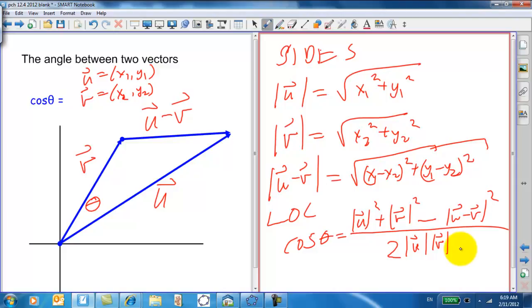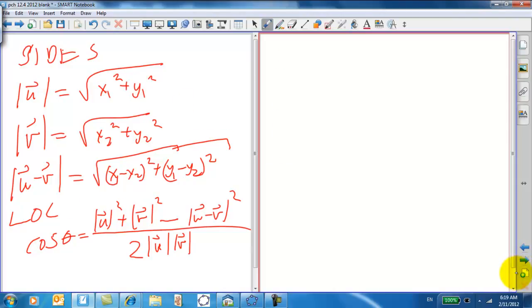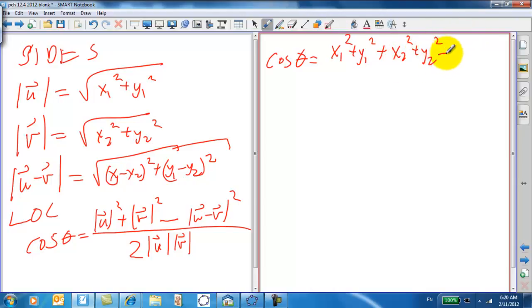Okay? Now I've got to expand that all out. So, cosine theta equals the magnitude of u squared, which, getting rid of that square root, is x1 squared plus y1 squared, plus the magnitude of v squared, so you just get x2 squared plus y2 squared, minus the magnitude of the third side squared, so it's x1 minus x2 squared plus y1 minus y2 squared.